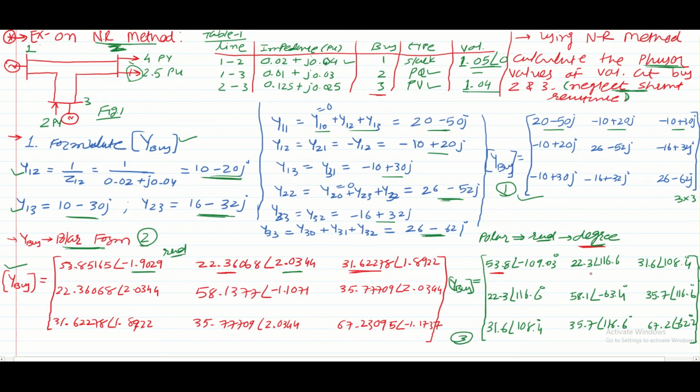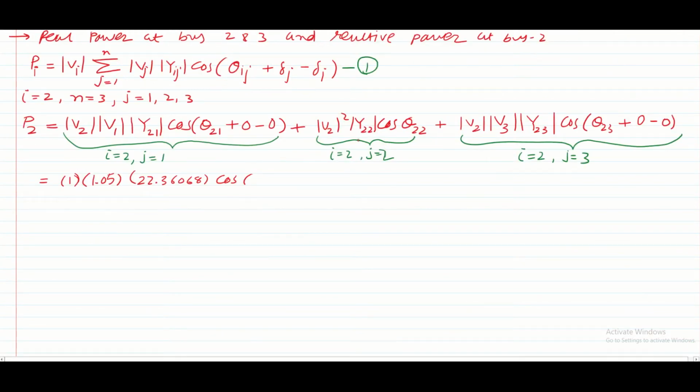Look over here, theta 21, that means Y21 with the angle 116. Yes, it is a symmetric matrix, so it will remain the same. So the value of theta 21 is 116.6 degree. Clear? So this is how we will calculate the net, or we can say active power at bus number 2.